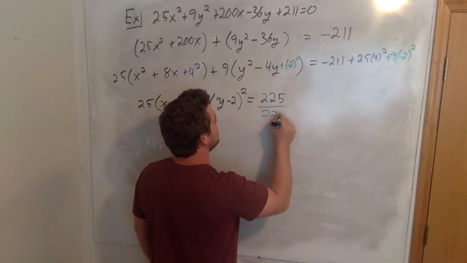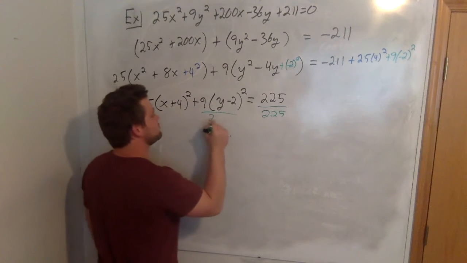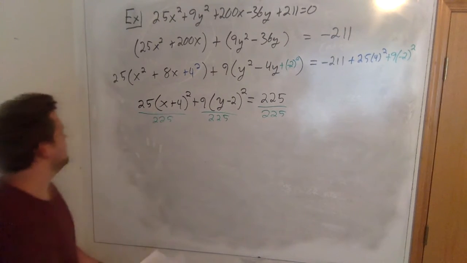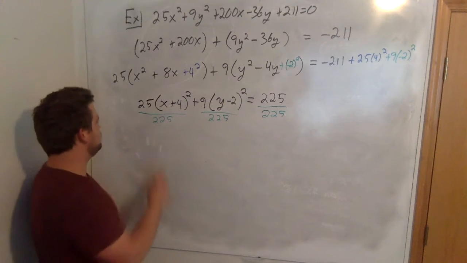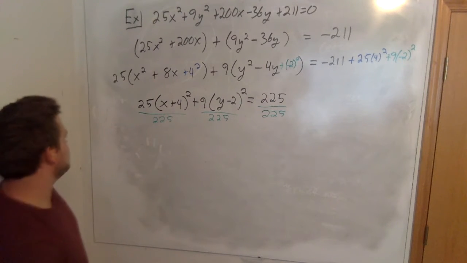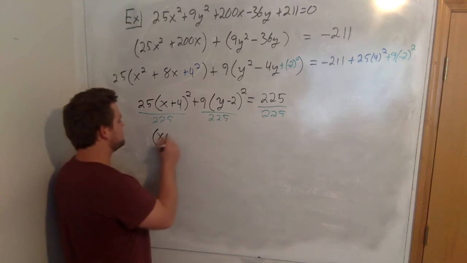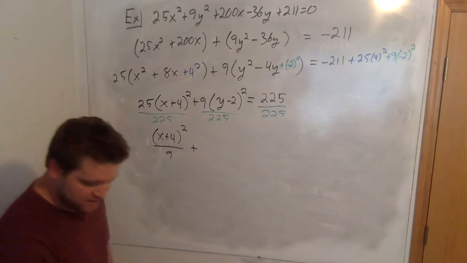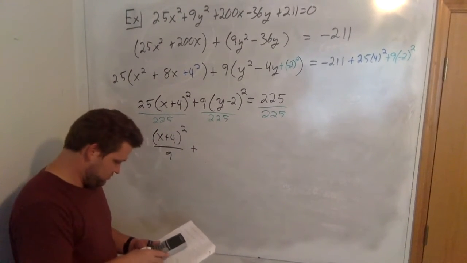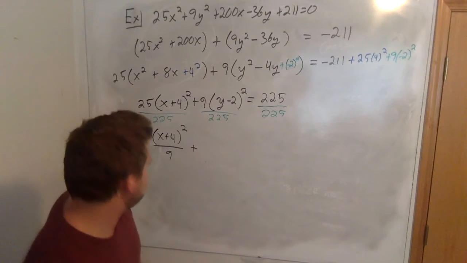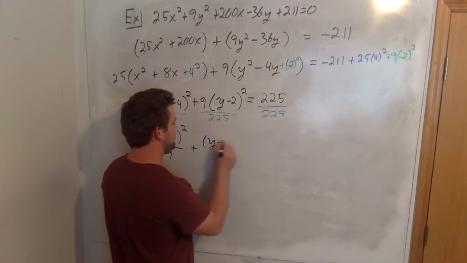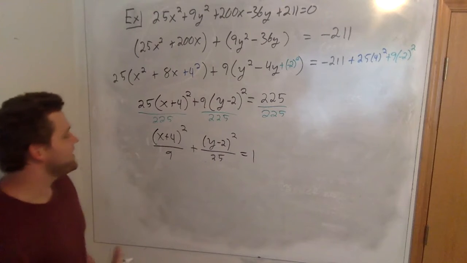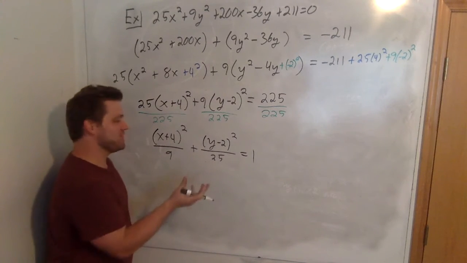On the left-hand side, I'm distributing the 225 to both terms. 25 goes into 225 9 times, so x plus 4 squared all over 9, plus, how many times does 9 go into 225? 25 times. So this will be y minus 2 squared all over 25, and that'll be equal to 1. And now we have this beautiful form of a shifted ellipse.